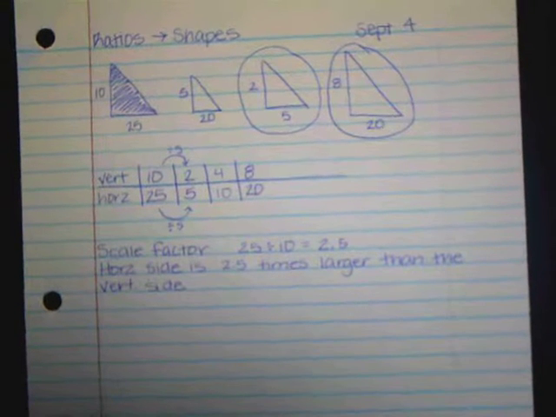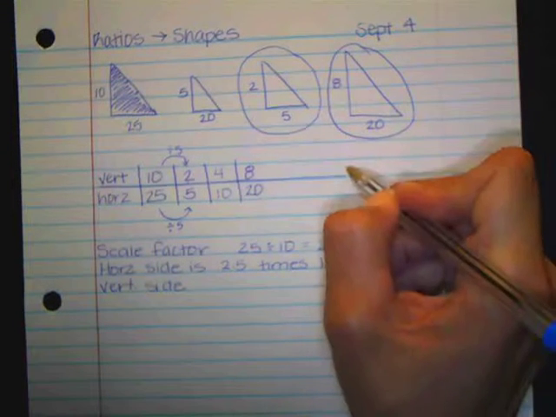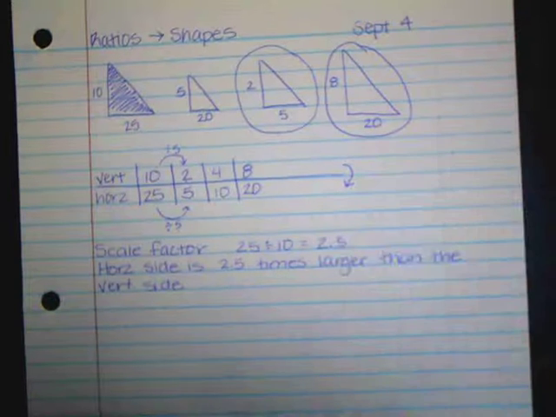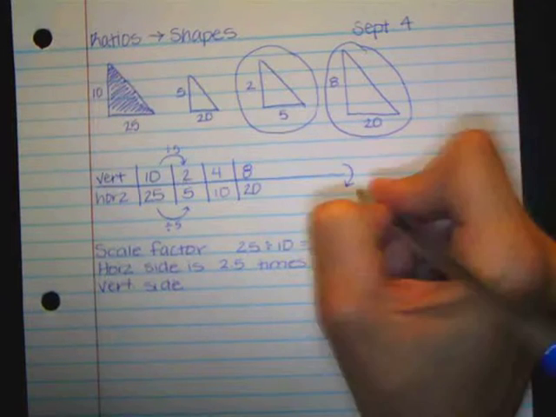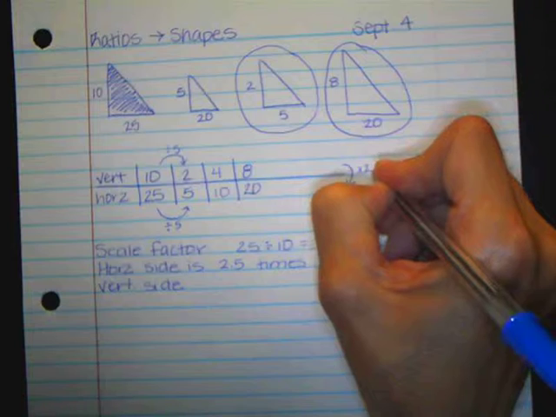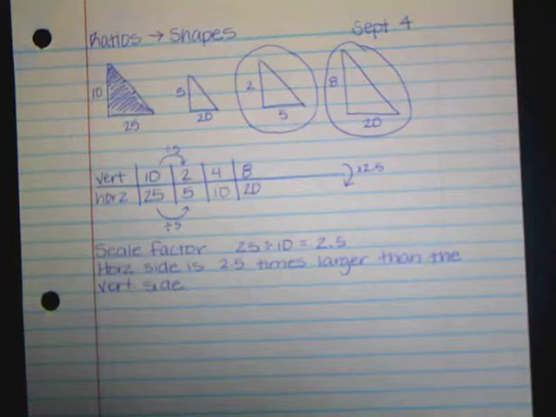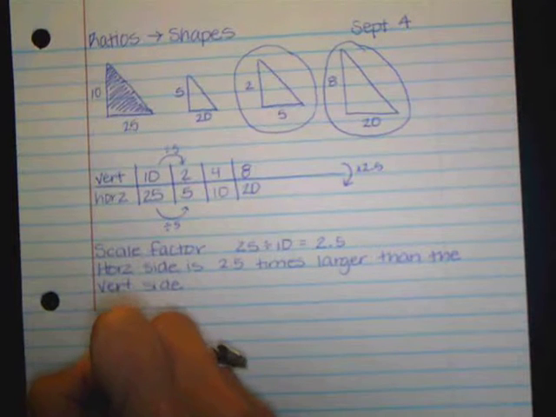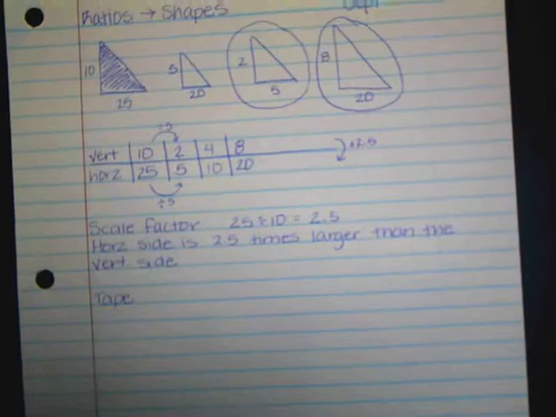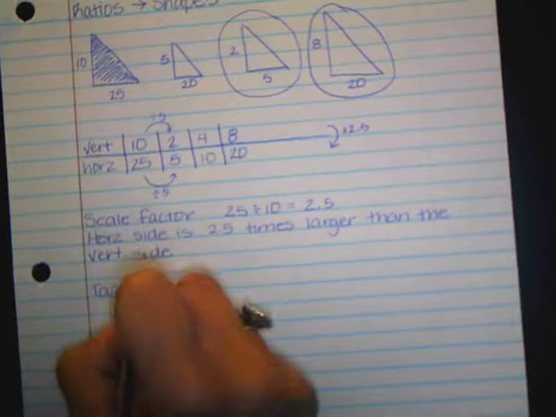When I look at my ratio table, I can see that every number that I used for my vertical side, I could multiply it by 2.5 and I would get the horizontal side. A tape diagram works really well when we know what the scale factor is.